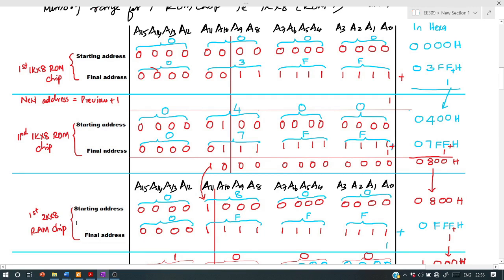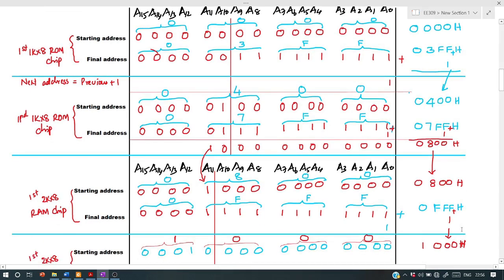Next, we need to find out the starting address corresponding to the second 2K into 8 RAM chip. In order to obtain that, we can add 1 to the final address of the first 2K into 8 RAM chip. After adding 1, we obtain the starting address of the next 2K into 8 RAM chip as 1000H. The same can be inferred by adding 1 to this binary data.